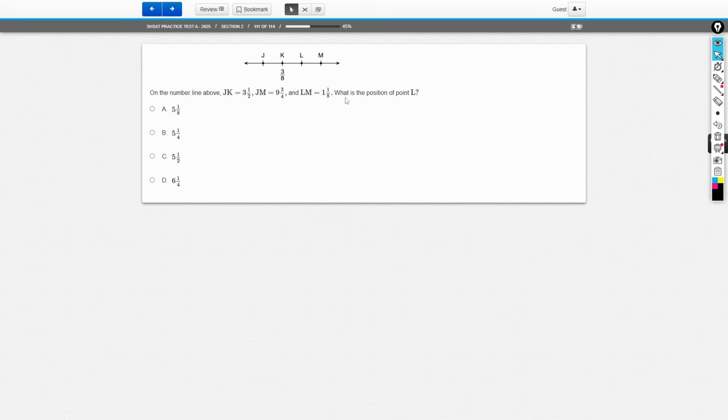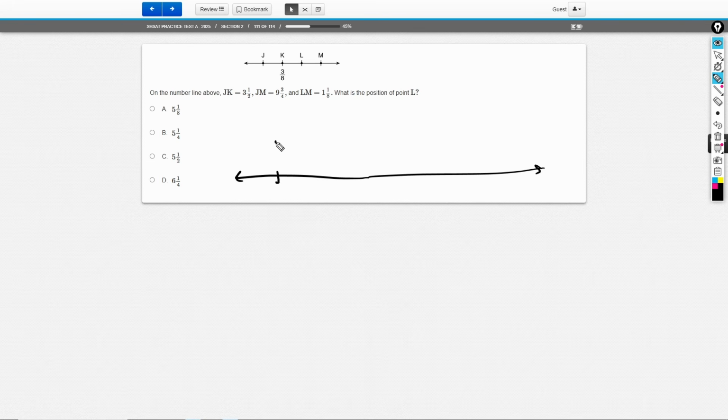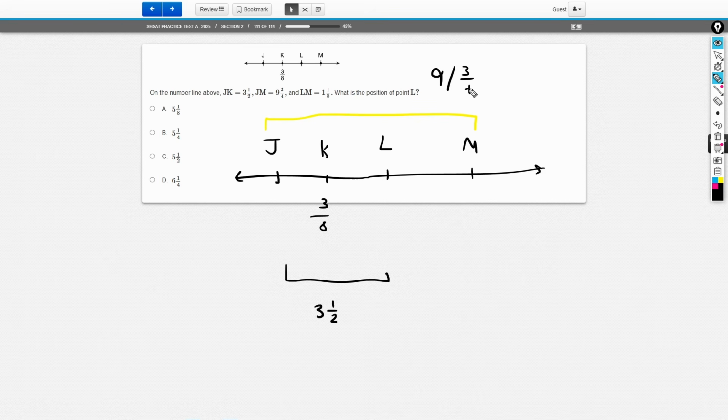All right, so let's draw this out over here. So here we have J, here we have K, which is 3/8, here we have L, and here we have M. Okay, so we know the distance between J and K is 3 1/2. We know the distance between J and M, which is the total distance, is 9 3/4.